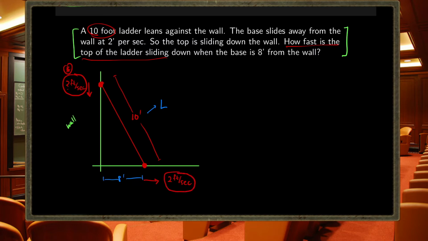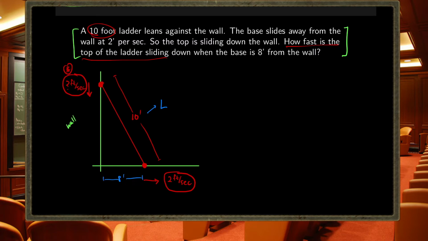What is this? Well, this is the speed at which this point is coming out. But another way to think about it is that it's the rate at which this length here is growing, right? Because this 8 feet is only 8 feet for a second. If this thing's sliding out, this is a growing quantity, which means it's a variable.